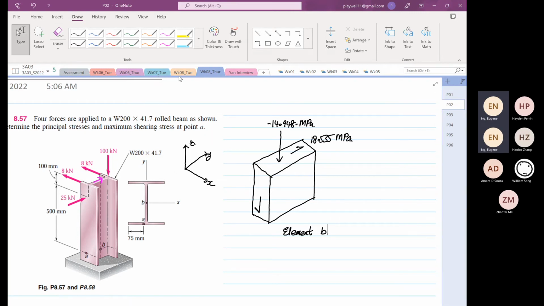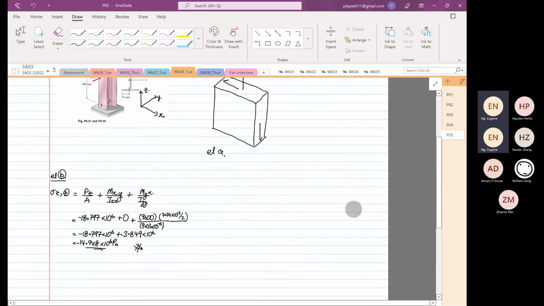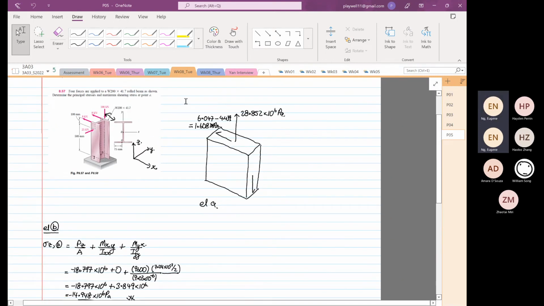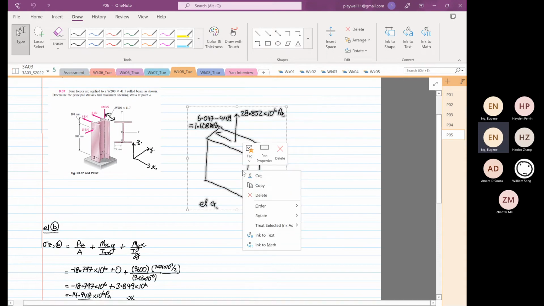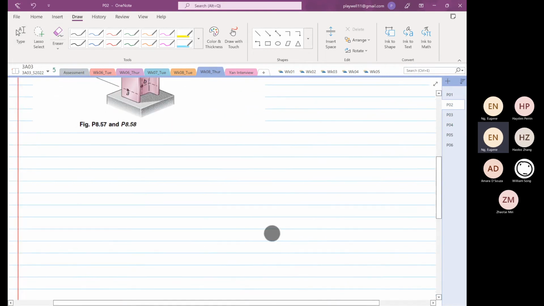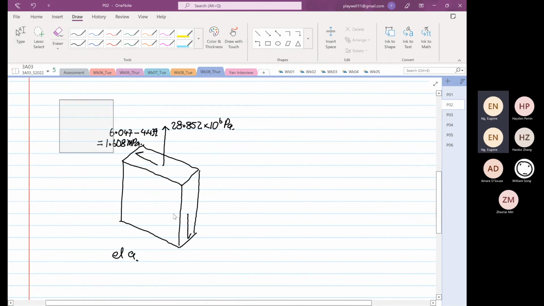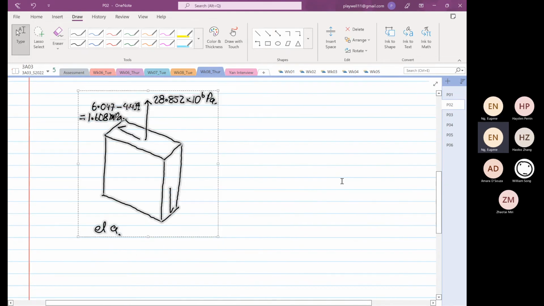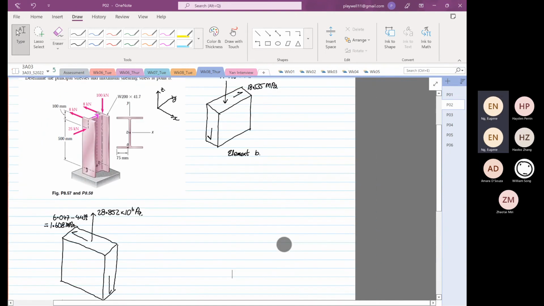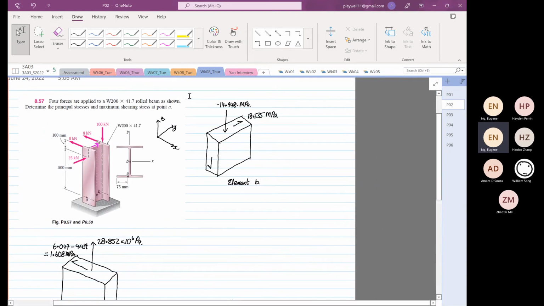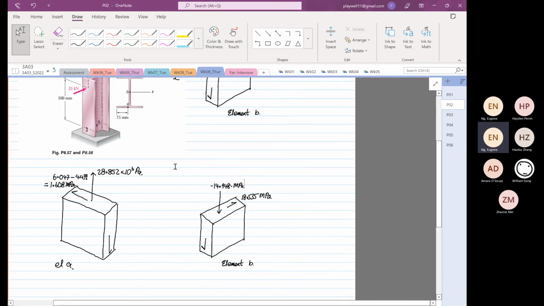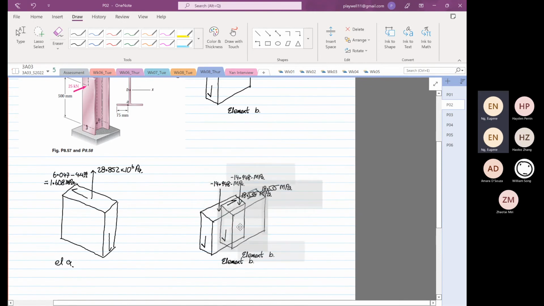So on Tuesday, let me put element A. So this is our element A. And today we have done our element B. So you can see the stresses acting on element A and B, and the transformation did not change.